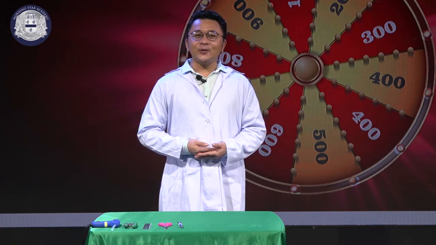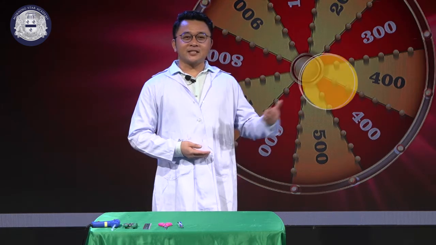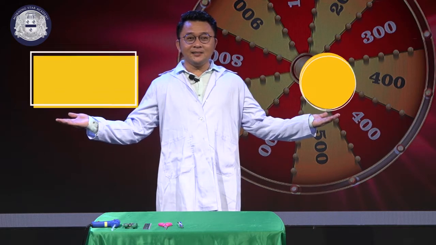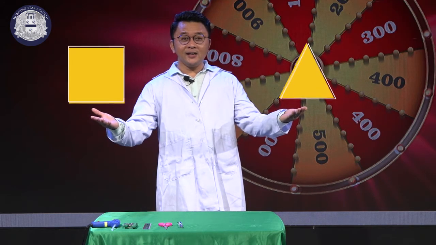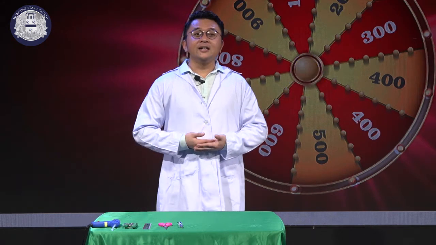And kids, for the second element of art, we'll try to guess, we have the shape. We have the circle, rectangle, triangle, square. Those are the examples of shape. Who will try to recall?